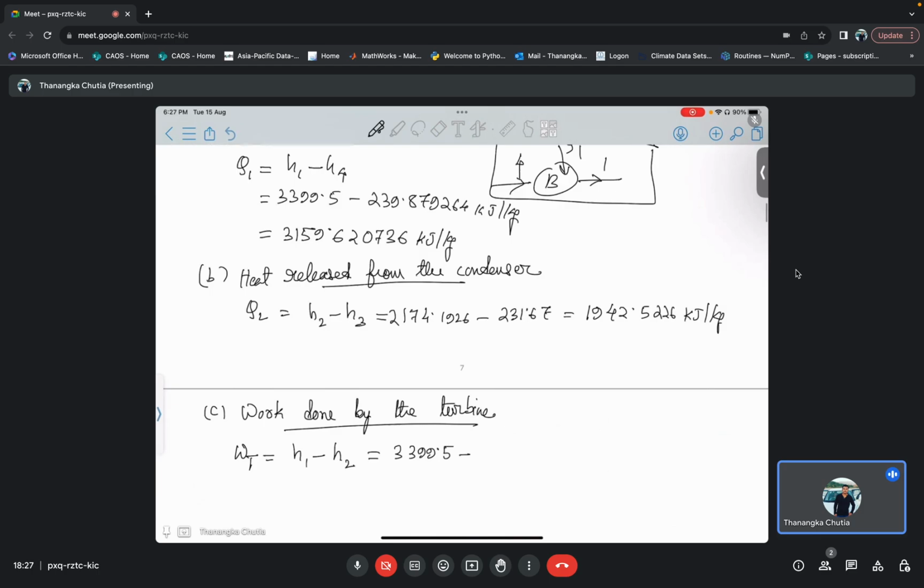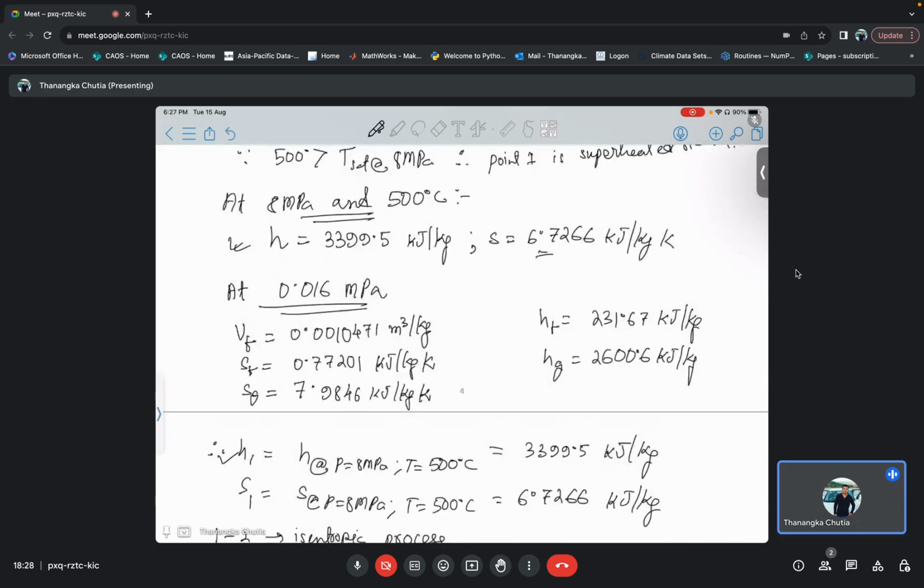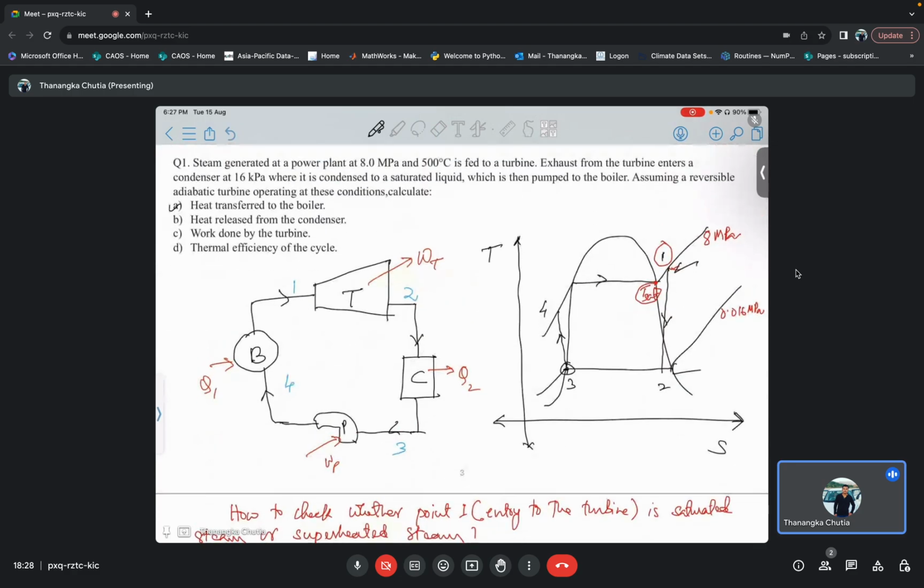And what is my H2? 2174.1926. So it is 1225.3074 kilojoule per kg.